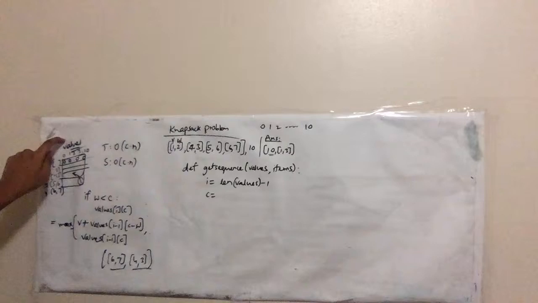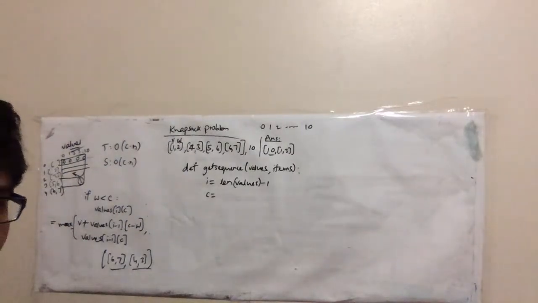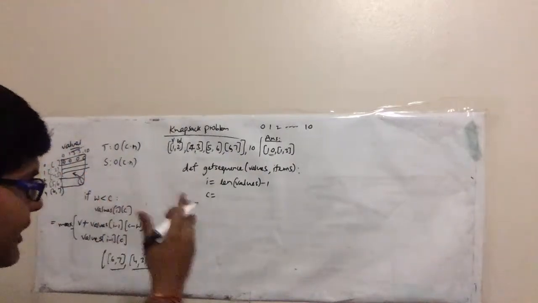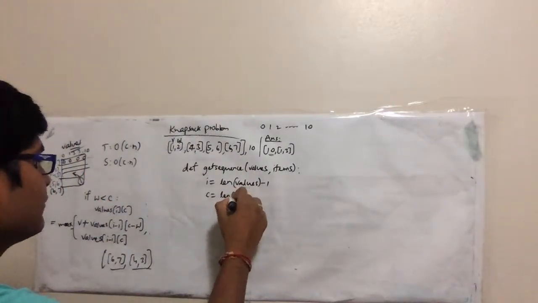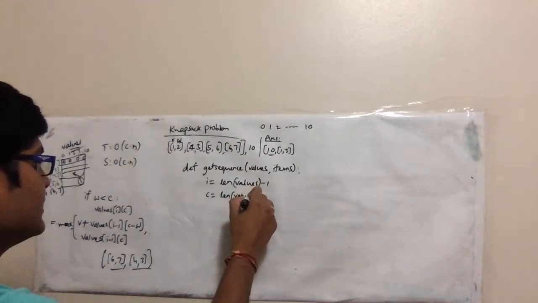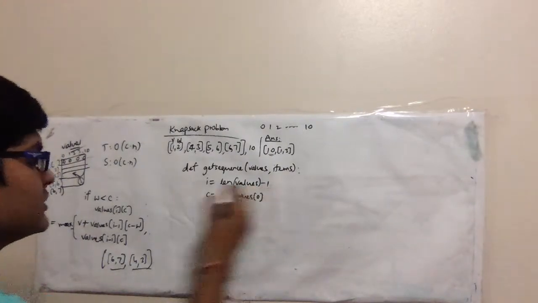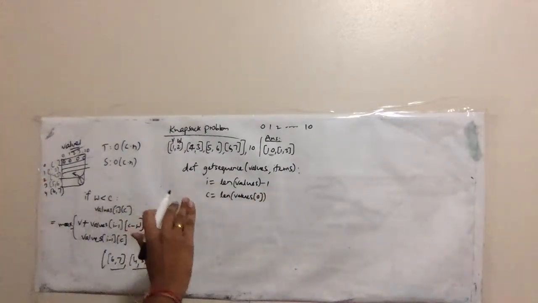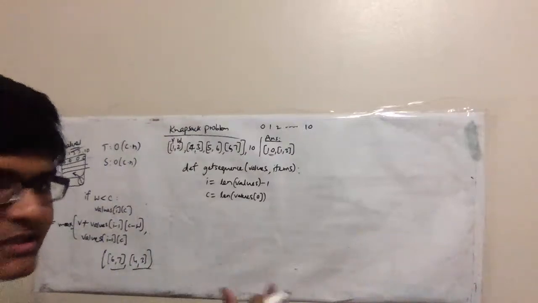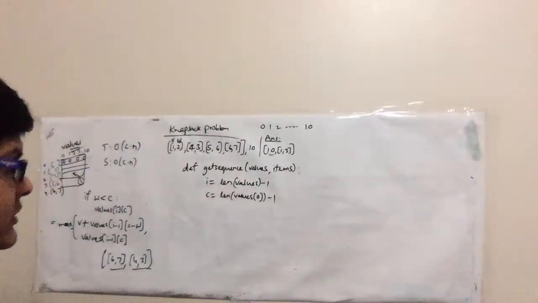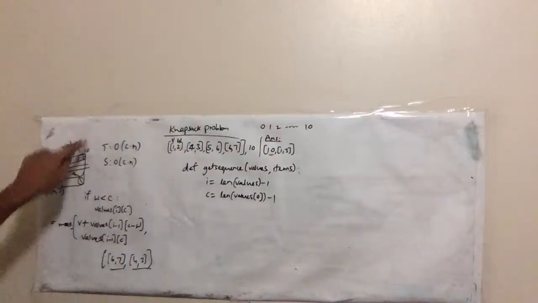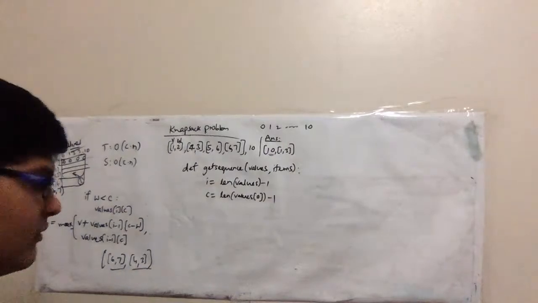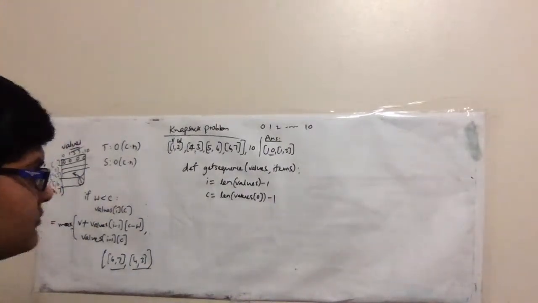We have these values, so length of values of the first row, that number of columns, minus 1, which would give the last index of the column. Okay, so after this we need to backtrack.